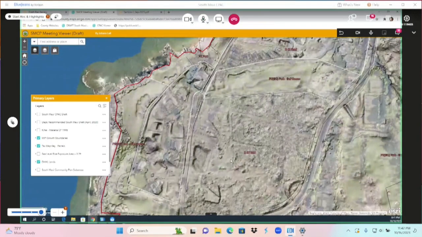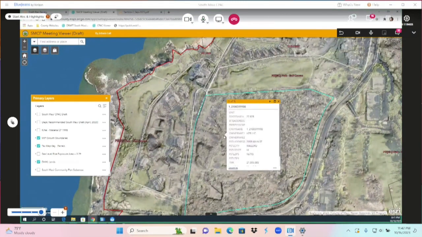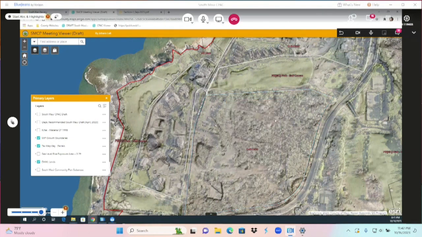All three of them are zoned hotel. I guess zoning is hotel, but do we know if their CCNRs allow short-term rental?